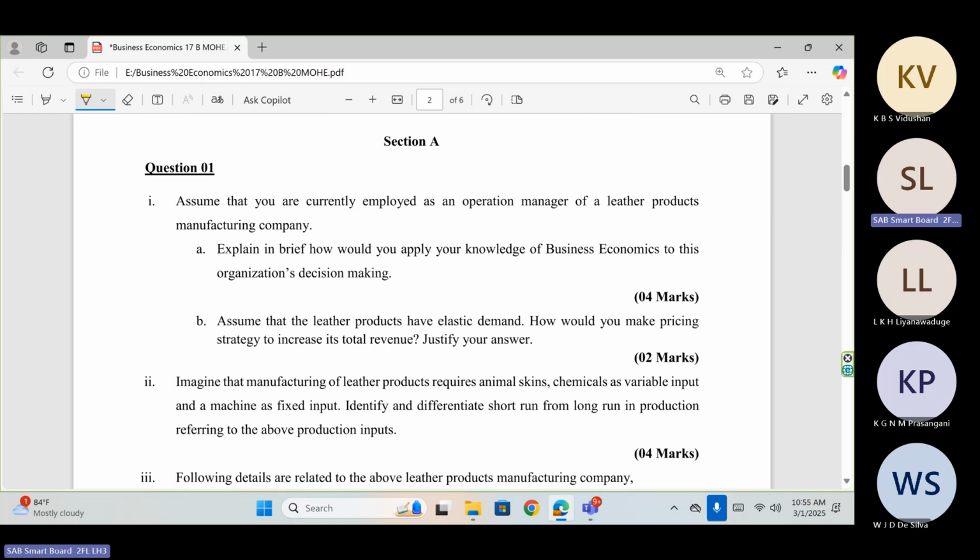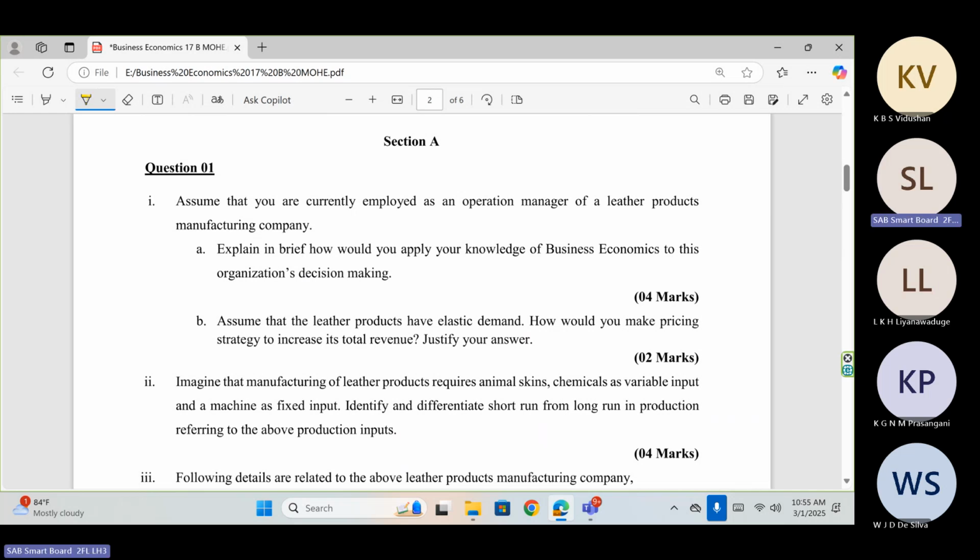Then the other one, whether to shut down a business: you have to consider whether the price of the product is covering the average variable cost. That's it. Then total profit: how can we find it? Price minus average cost, multiplied by optimal level of output.